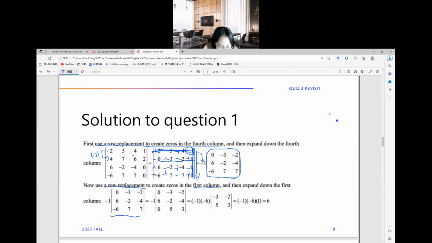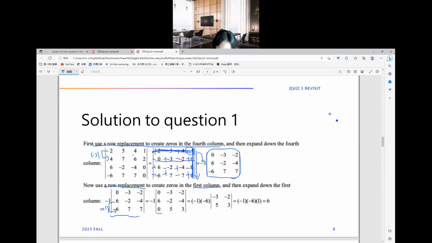And the trick is to multiply the second row by 1 and then add it to the third row, and that will eliminate the value in the third row, first column. Okay, make the third row 0, 5, 3.